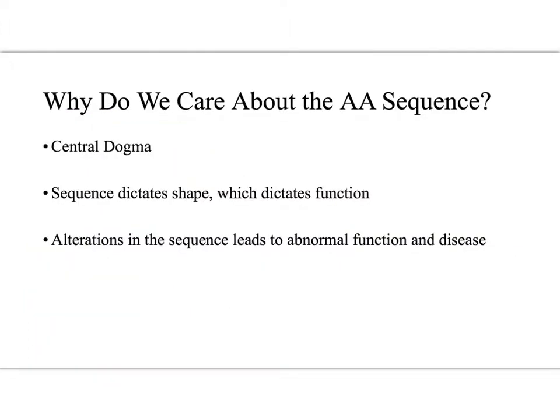So why do we care about the amino acid sequence? Well, remember the central dogma, where our DNA goes to RNA to proteins. Remember that the sequence that we end up having is going to dictate the shape, and the shape is going to dictate function.